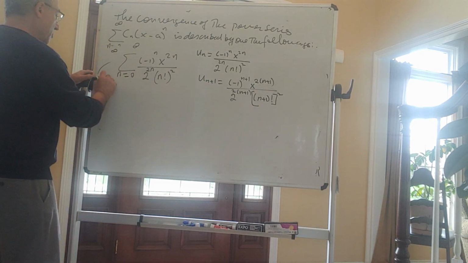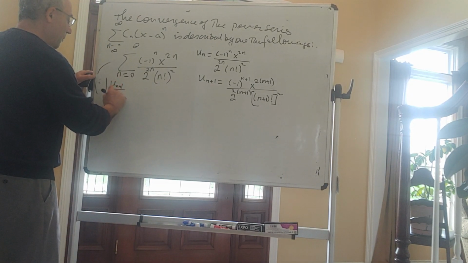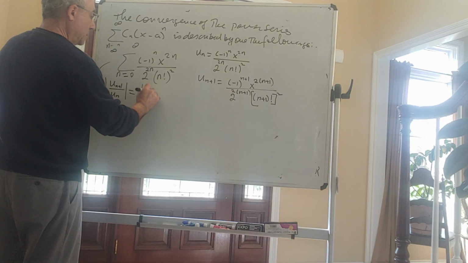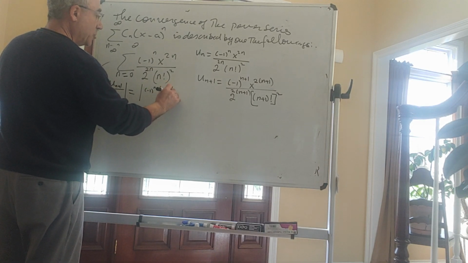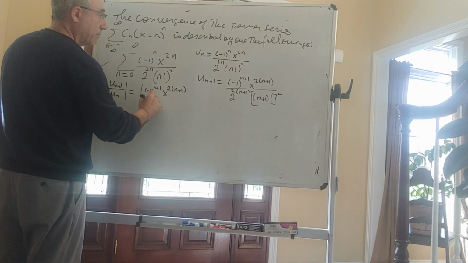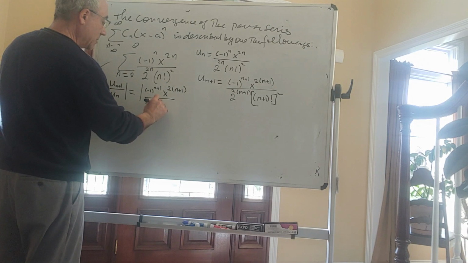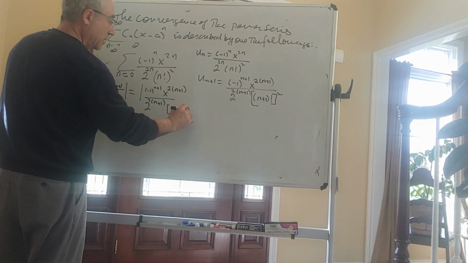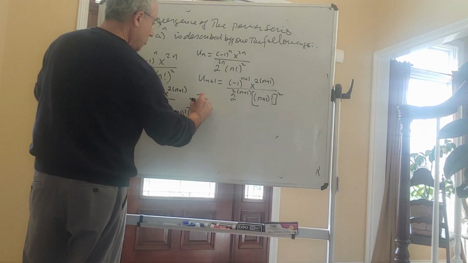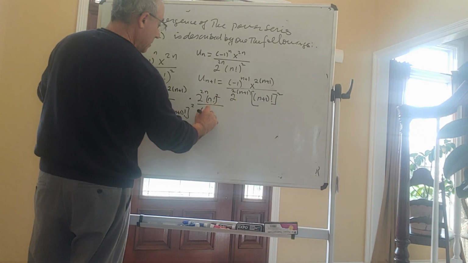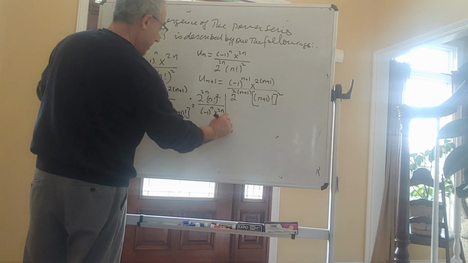And I'm going to look at u_(n+1) over u_n. That is minus 1 to the n plus 1, x to the power 2 n plus 1, over 2 to the power 2 n plus 1 times n plus 1 factorial squared, and I'm going to flip, which will be 2 to the power 2n n factorial squared over minus 1 to the n, x to the 2n.